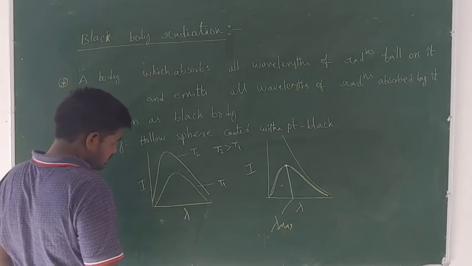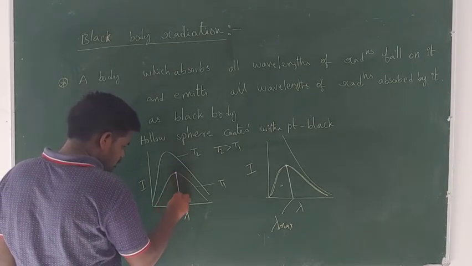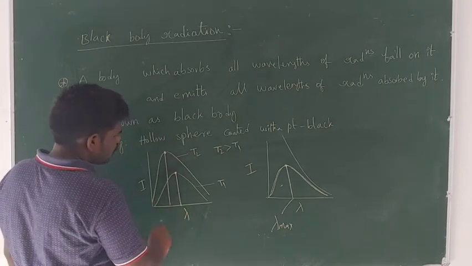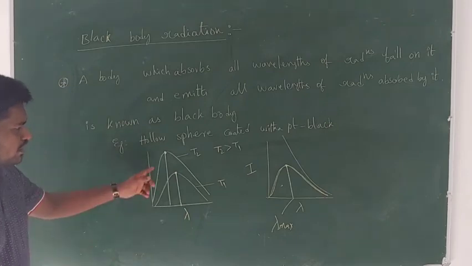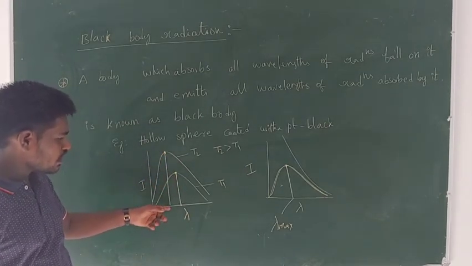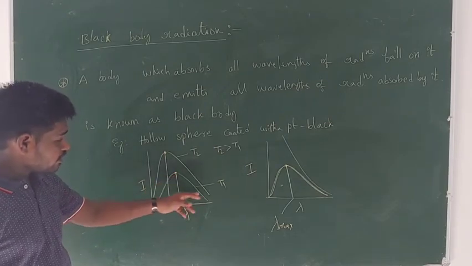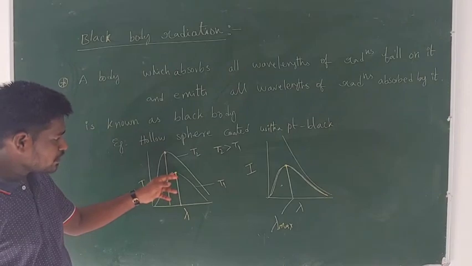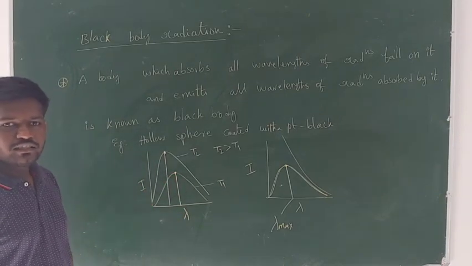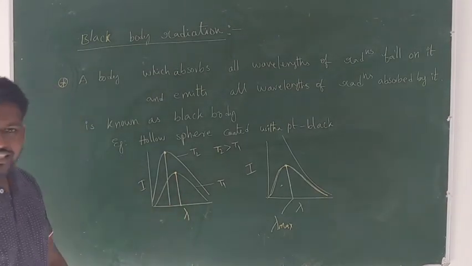Look at the peak of the first curve and the peak of the second curve. The second curve is drawn at higher temperature and its peak is towards the shorter wavelength, while the first has its peak towards the longer wavelength. So as temperature increases, the wavelength decreases.